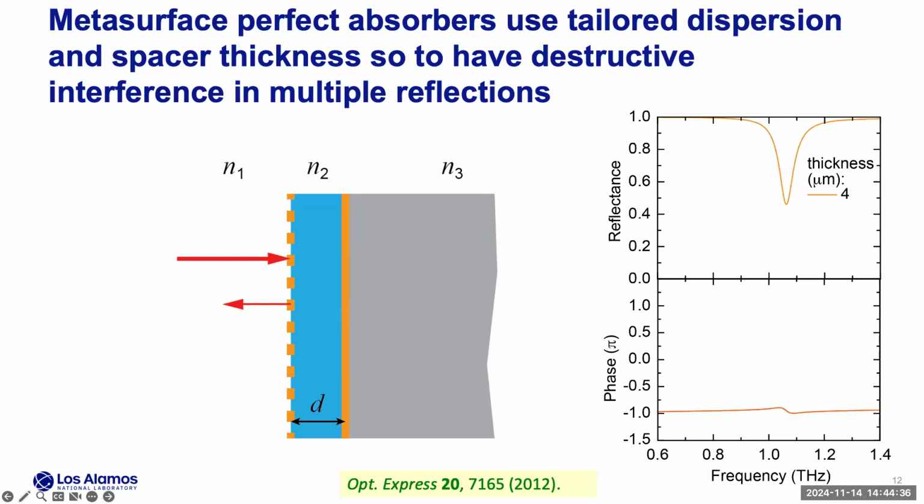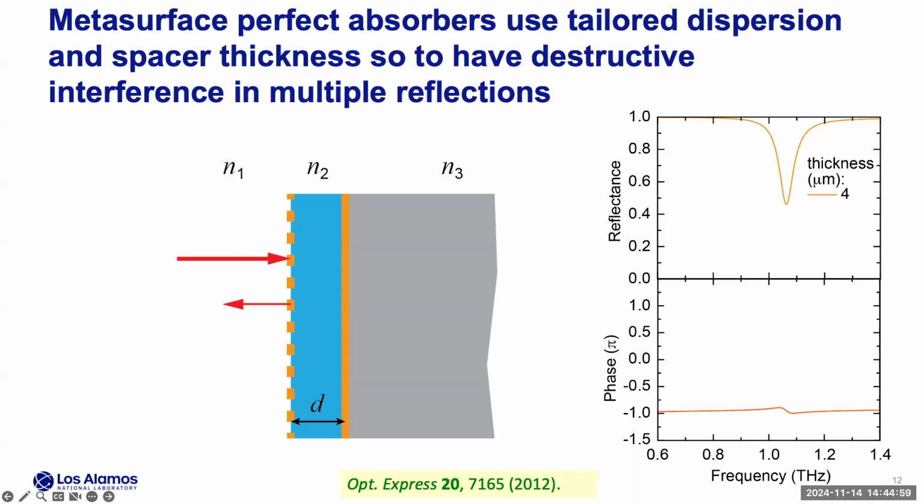You can look at another kind of functionality, in this case, a metasurface perfect absorber. And so this is actually designed by putting the second metasurface as basically a ground plane, so you don't get any transmission. And then you design the first surface for the resonance at the appropriate frequency.